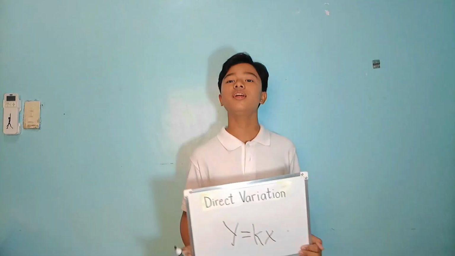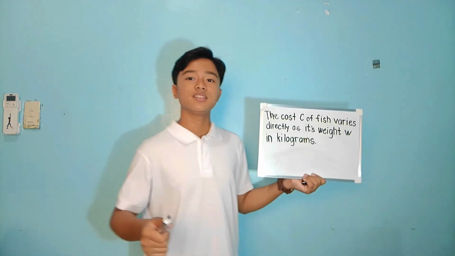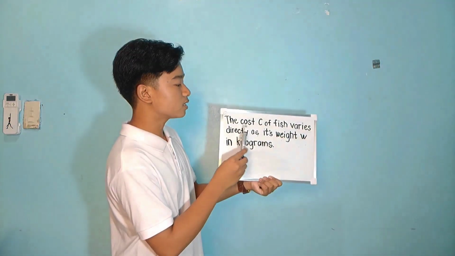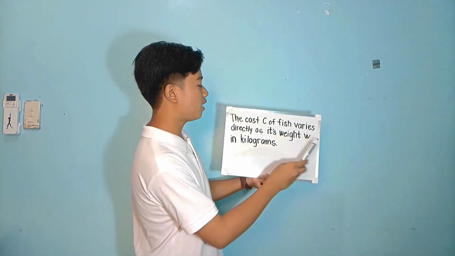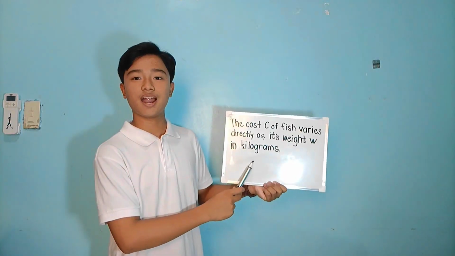I have here a sentence, and I'm going to translate it into a mathematical sentence, using k as the constant of variation. The cost C of fish varies directly as its weight W in kilograms.